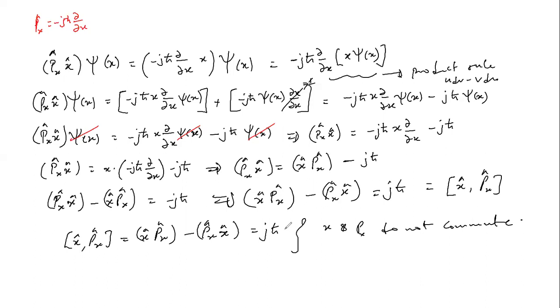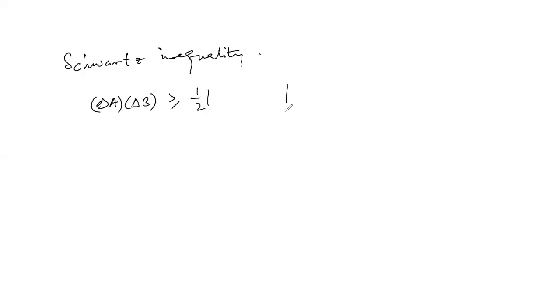And then if we now invoke the Schwarz inequality, we can therefore say that the product of uncertainty of any two operators, say A and B, is always equal to or greater than 1/2 of the magnitude of the expectation value of the commutator, which gives us the quantum bracket of the two operators.